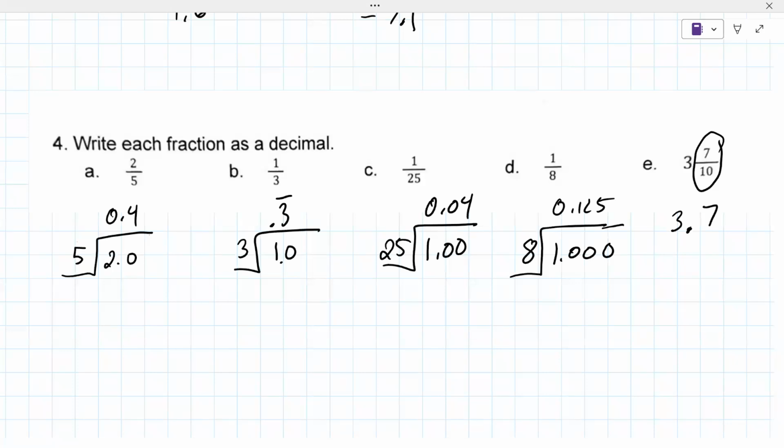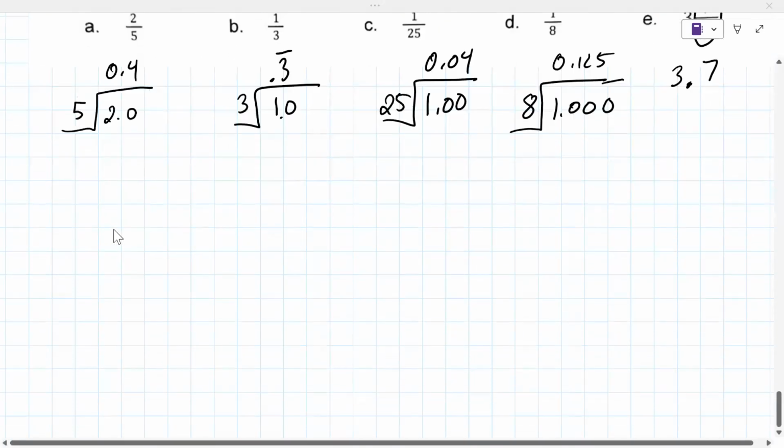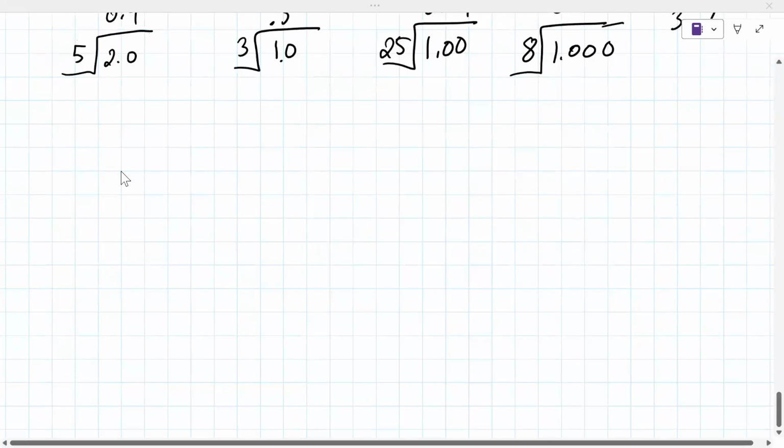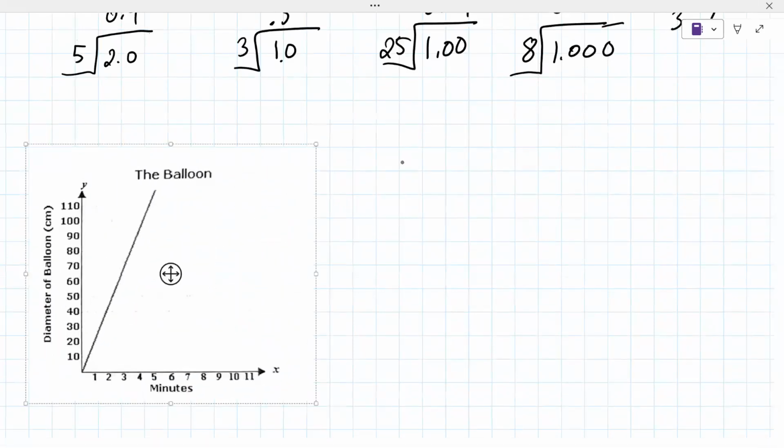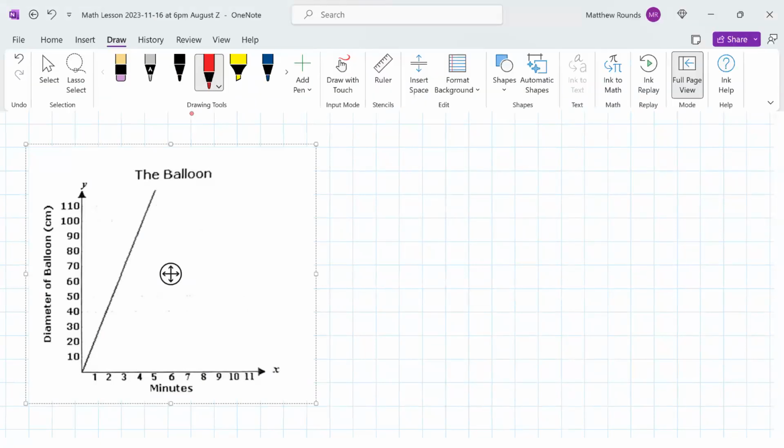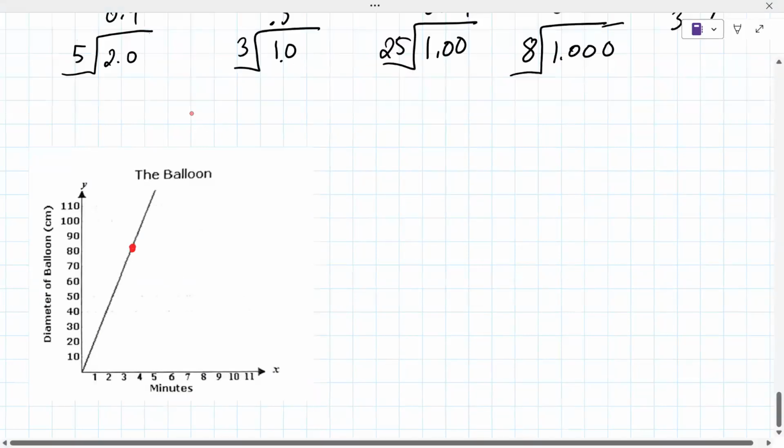Okay, so number 5 is asking you to determine the slope of the line, which is like the rise over the run. Have you guys talked about that at all in class? Not really, no. Okay, so there's this rise part and then this run part.